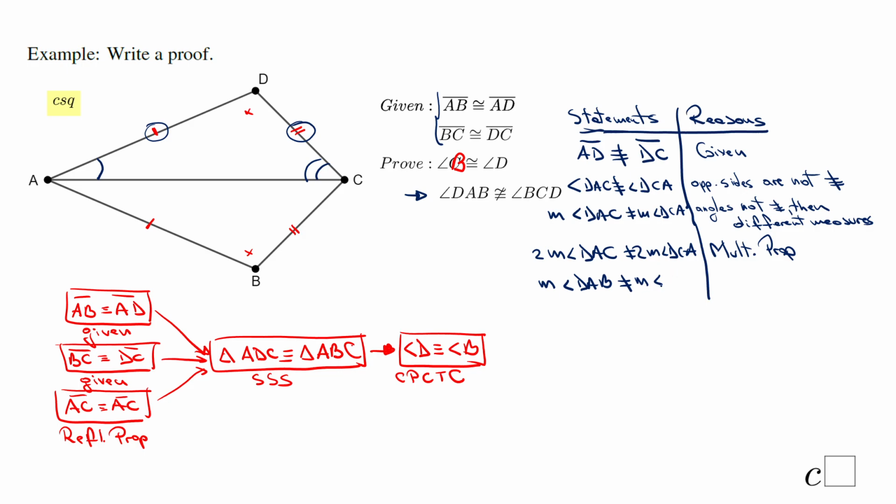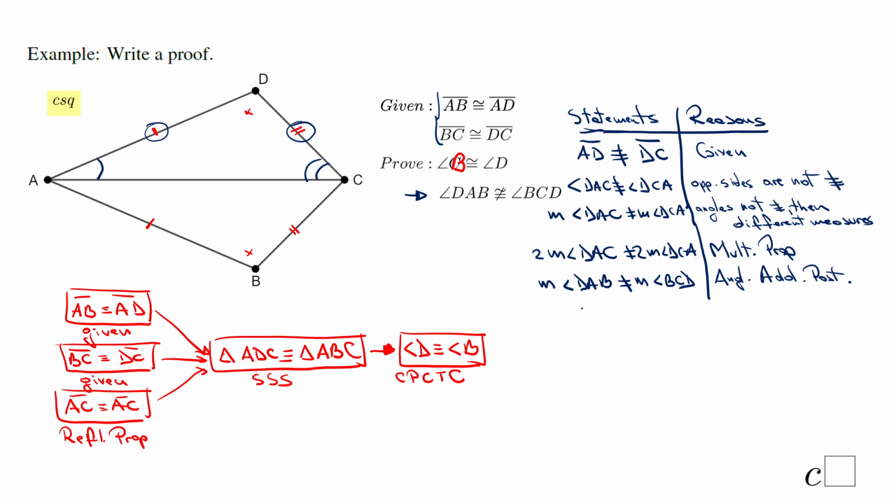And I will say here, we can use the substitution property, or in fact the angle addition postulate, because we add two angles that have the same measure.